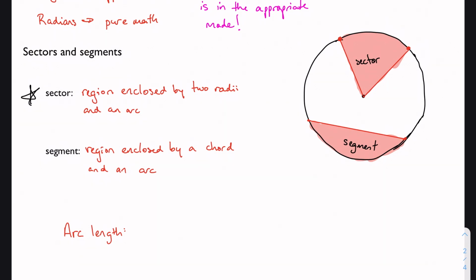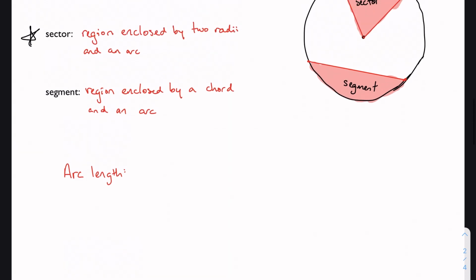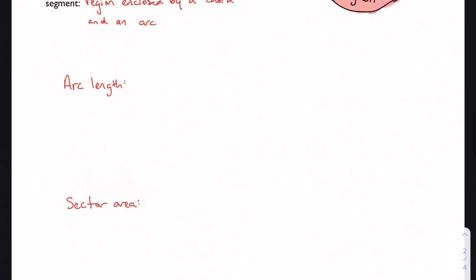A couple other things we can do here. We keep talking about arcs. Well, what's important a lot of times is the arc length. The length of the arc around my circle. Let me just draw a smaller circle that I can start to mark up.